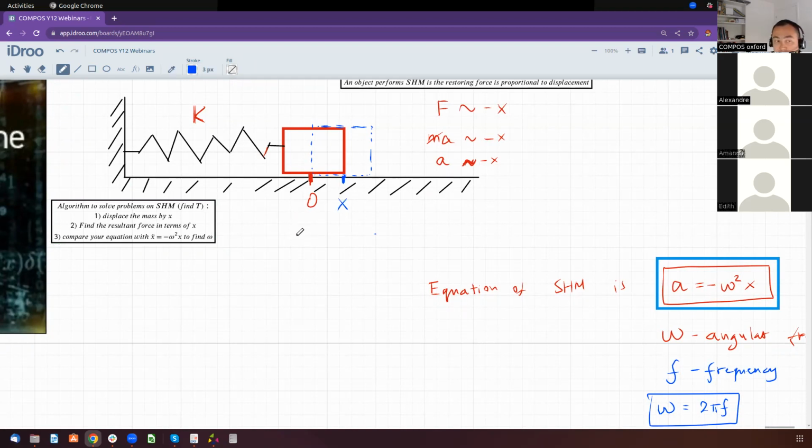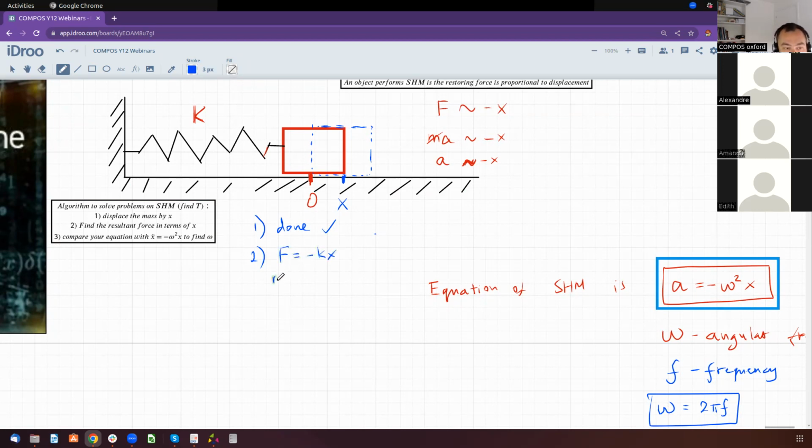What is the force on the mass now, once it's displaced? Minus kx, yes. The force is minus kx.